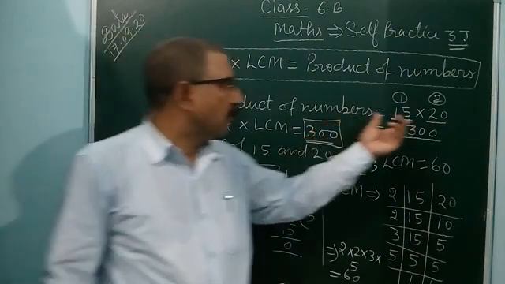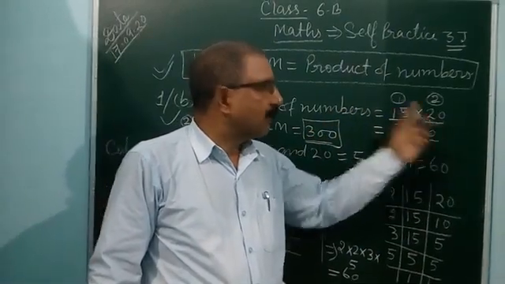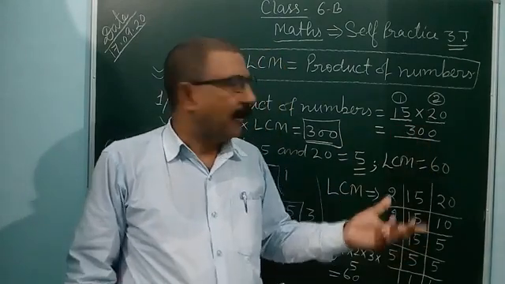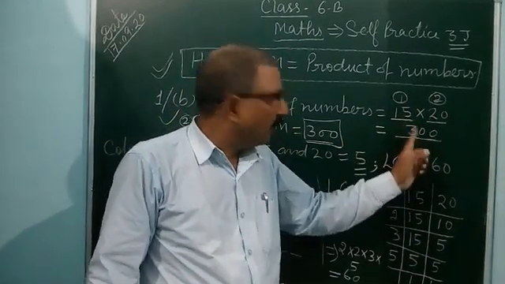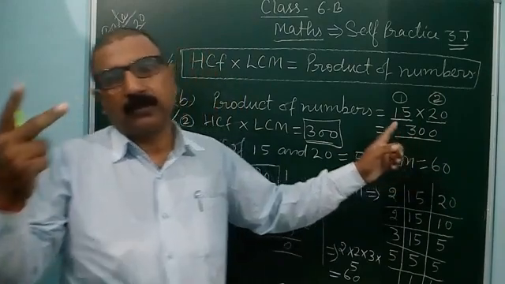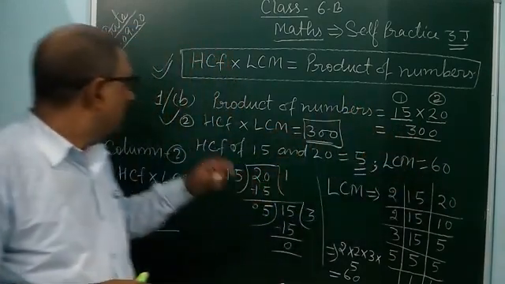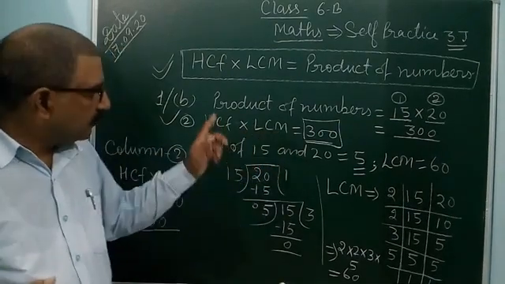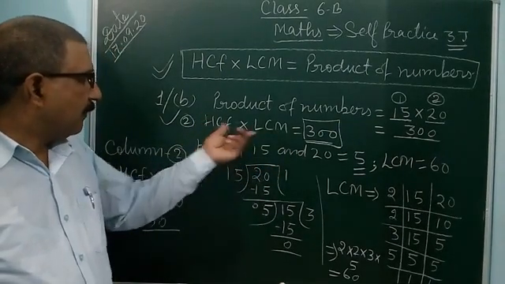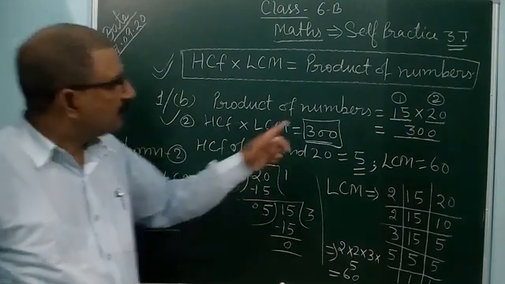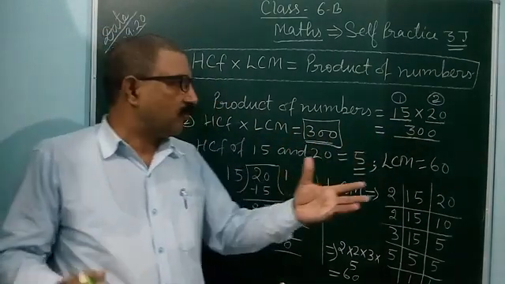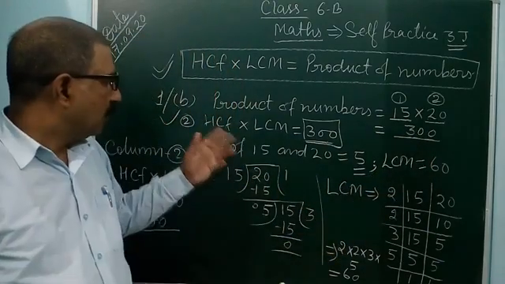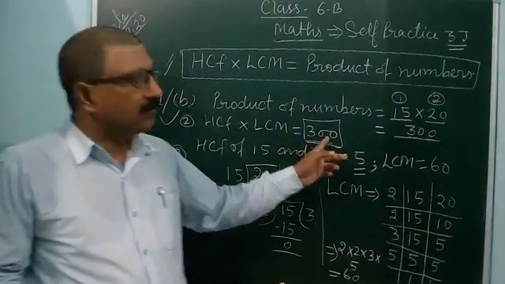If you have two numbers, 15 and 20, you get the multiplication result as the product, and the same will be the product of HCF and LCM, as the same 300. So if you have the product of the two numbers, you can write directly that the product of HCF and LCM is also 300.